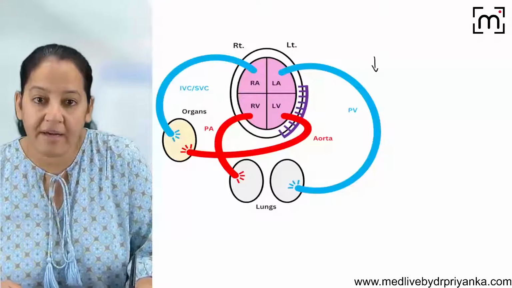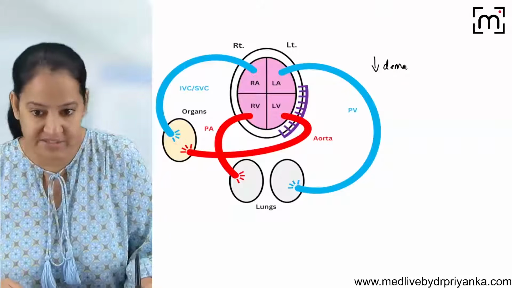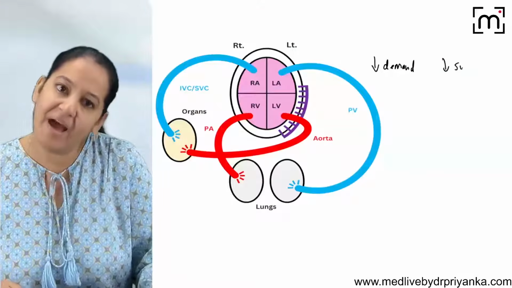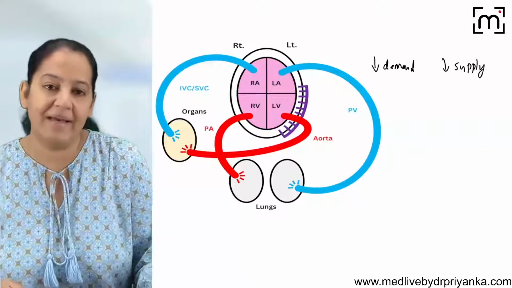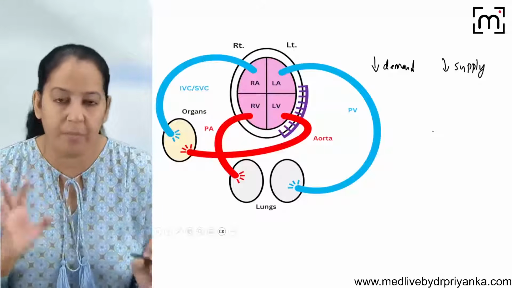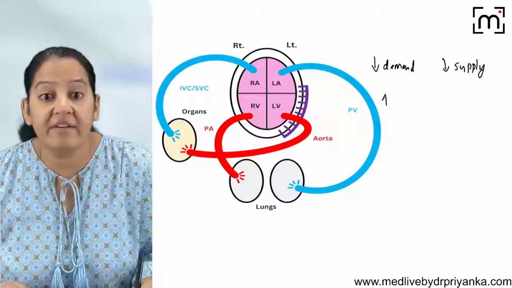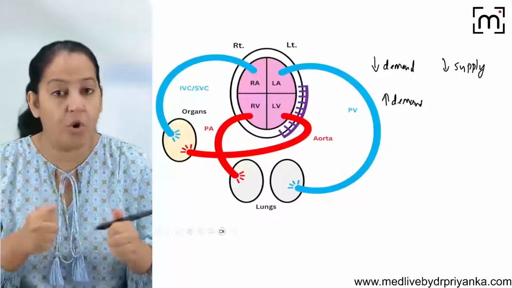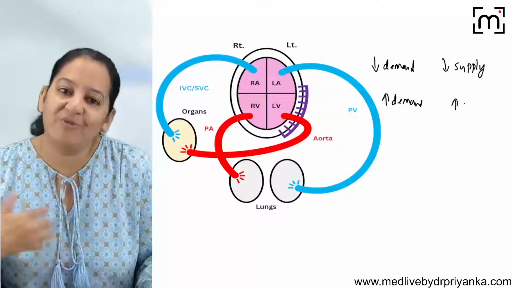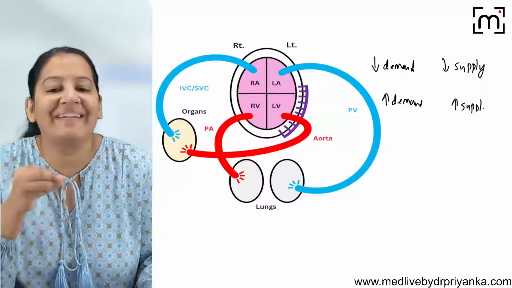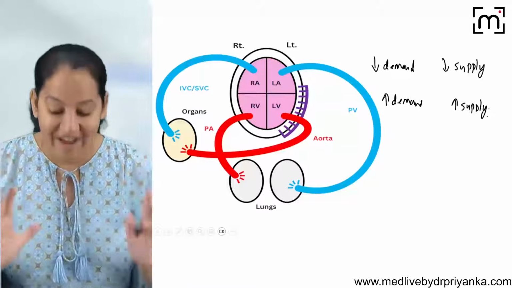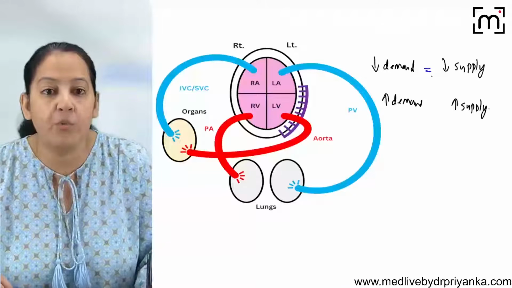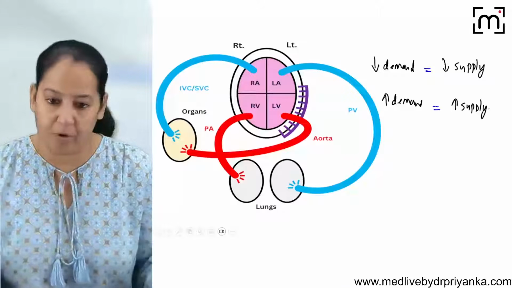Whenever the demand is less during rest, the supply is also less, via the normal lumen of the coronary. But whenever the demand is more during activity, running, jogging, we have to increase the supply of the coronary by dilating the coronary. Whenever there is a balance between demand and supply, there is no problem.